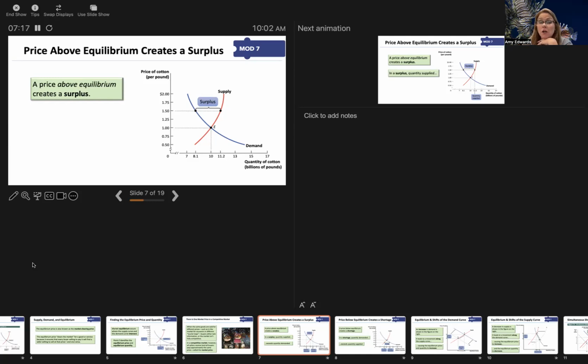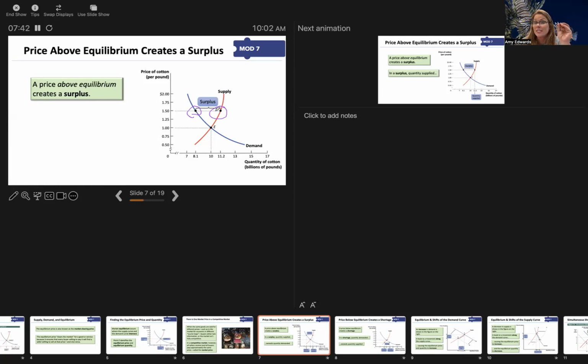If you look here on the graph, you're going to see, let me get purple. You're going to see that supply at $1.50 is a whole lot greater than demand. Because when you raise the price, we, the consumers, are going to go, yeah, no, I don't need cotton at $1.50. I liked it at $1, not at $1.50. But at $1.50, suppliers are going to supply more.